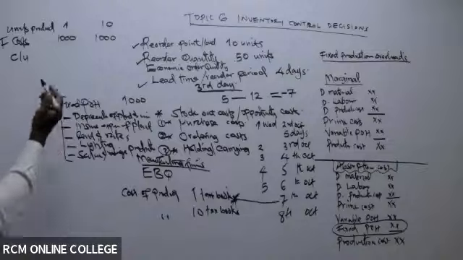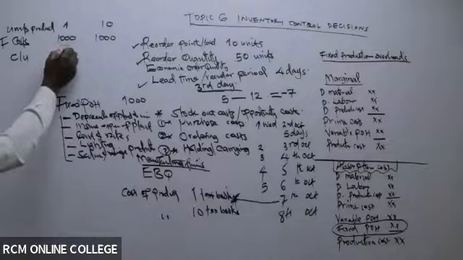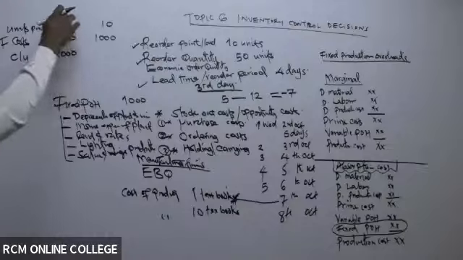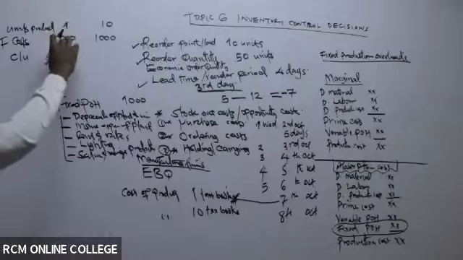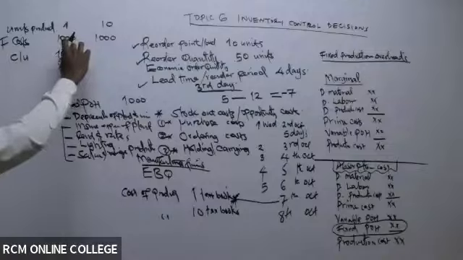It will be 1,000, right? If fixed cost is 1,000, I've only produced 1 unit. It means the entire fixed cost will be taken care of by 1 unit.